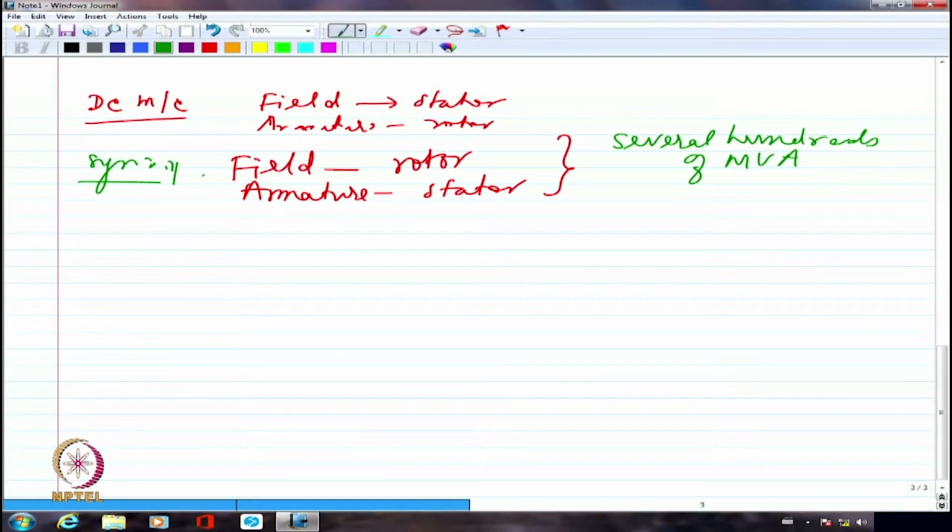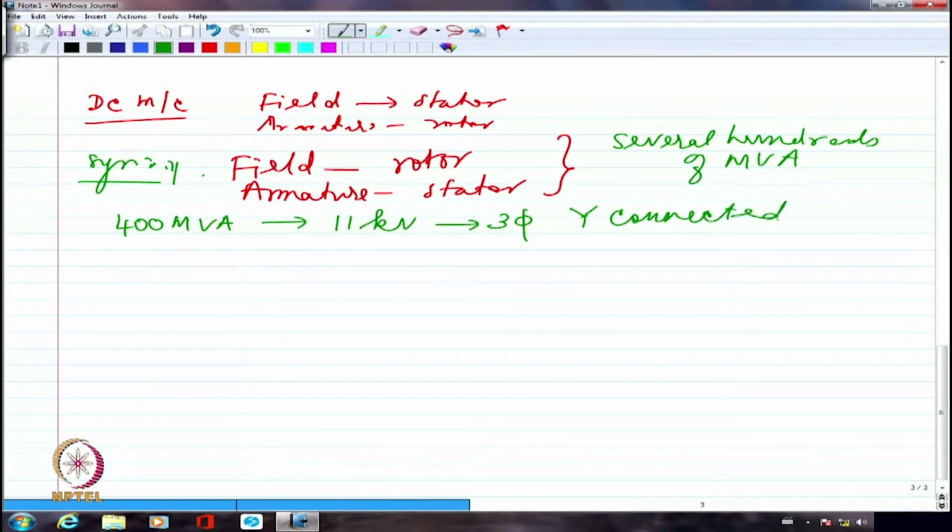So if I am talking about a 400 MVA alternator with, let us say, 11 kilovolt generating voltage, maybe 3-phase star connected, the current is going to be 400 into 10 power 6 divided by root 3 multiplied by 11 multiplied by 10 power 3. This is the phase current.